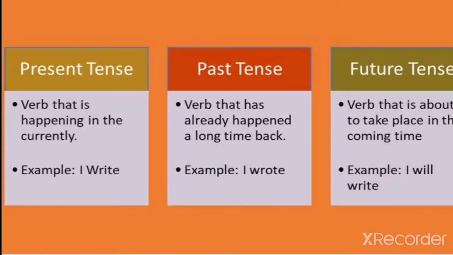Now, in present tense, present continuous tense will come, present perfect and present perfect continuous. Same in past tense also, other tenses will come, and same in the future tense also. So first today we will learn about the present tense, simple present tense and present continuous tense.